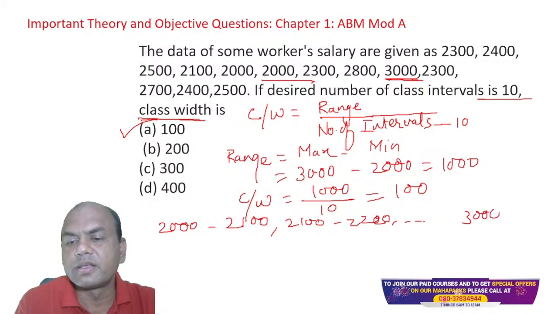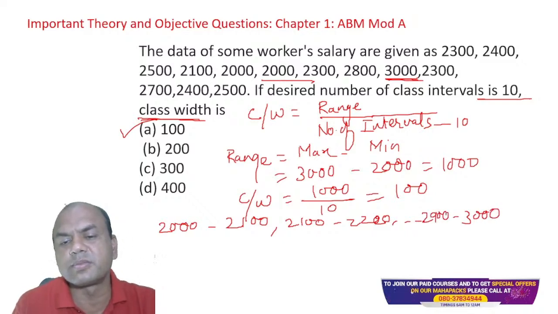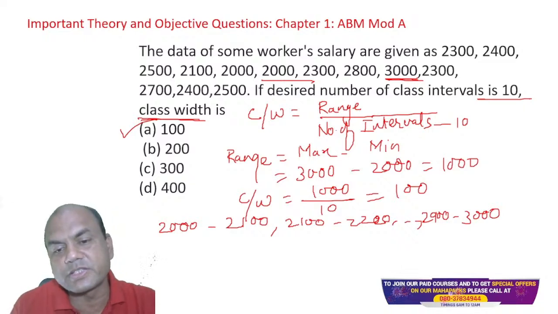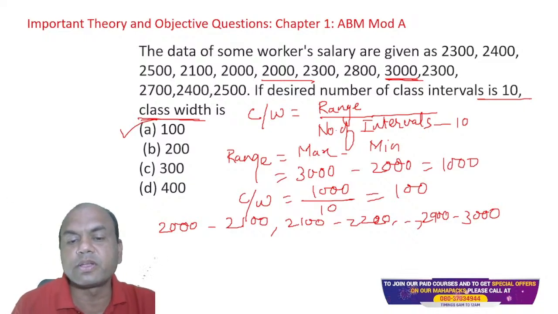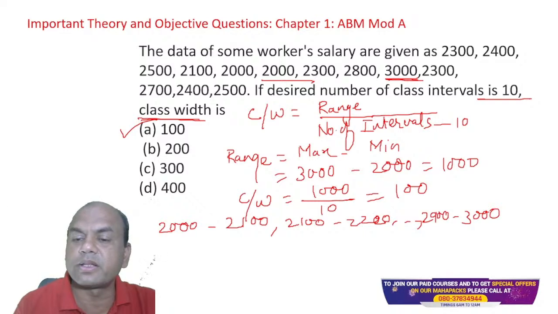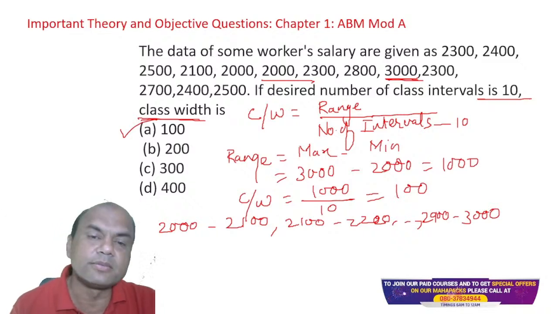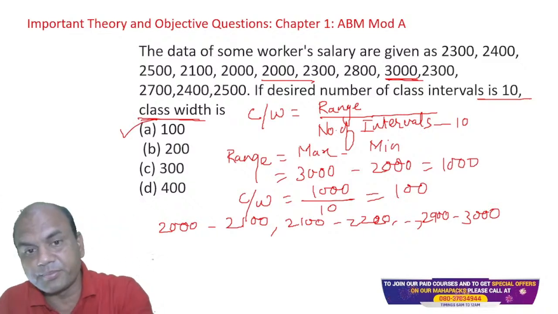The last class will be 2900 to 3000. So this is the meaning of width. Width means the difference between each one: 2200 minus 2100, 3000 minus 2900, 2100 minus 2000. So the width will always remain the same. This is 100.